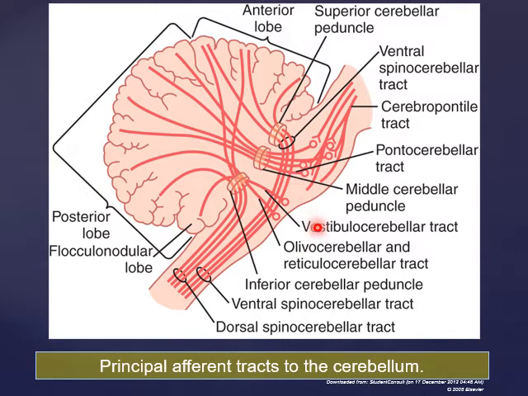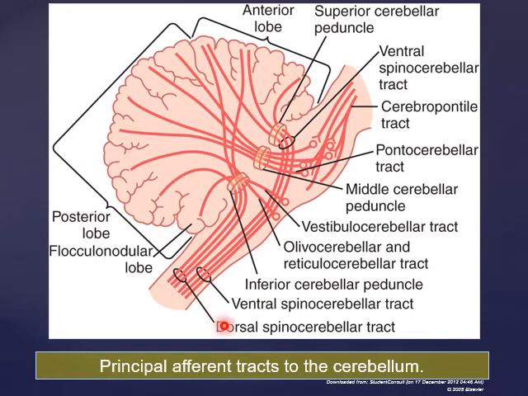And then you have the vestibulocerebellar, olivocerebellar, and reticulocerebellar tracts. They usually enter through the inferior cerebellar peduncle and supply all the anterior and posterior lobes of the cerebellum. So these are the principal afferent tracts to the cerebellum.